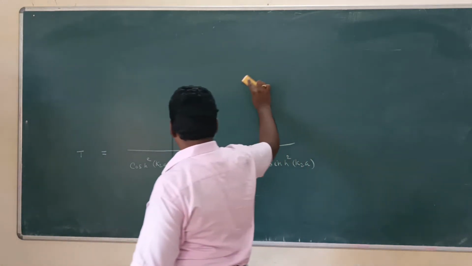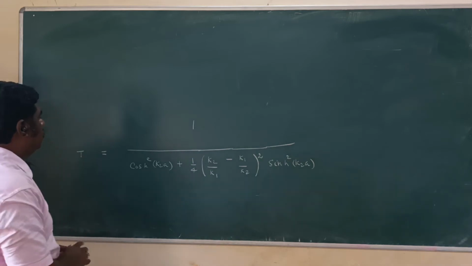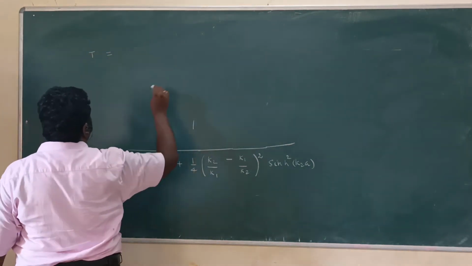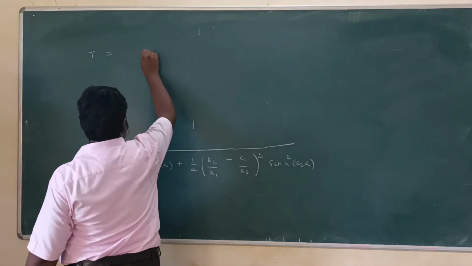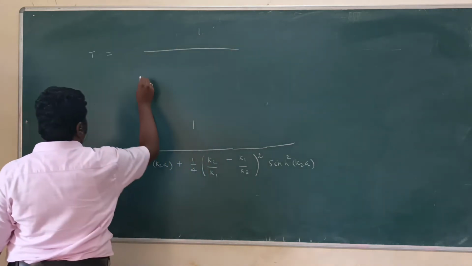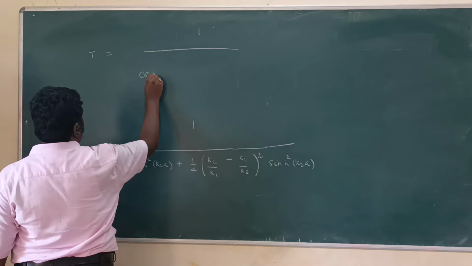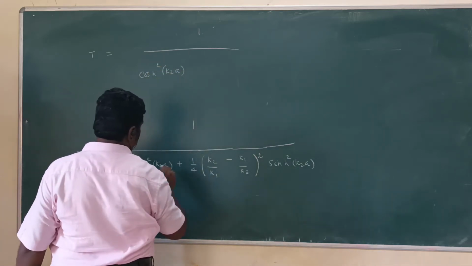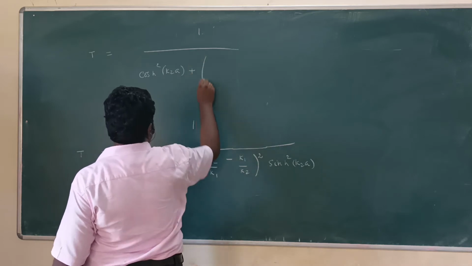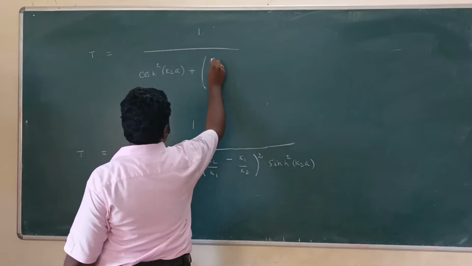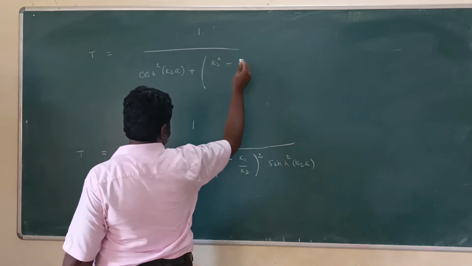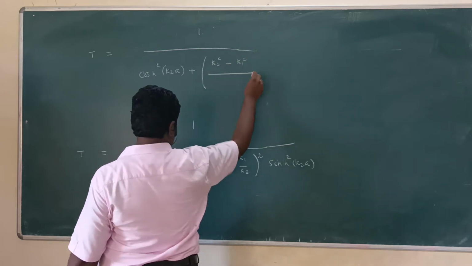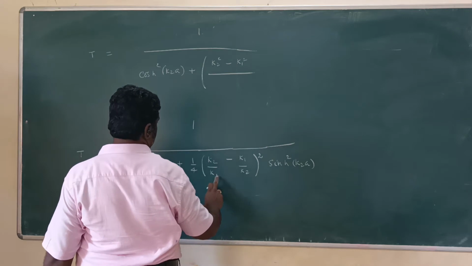For that, this is written as T equal to 1 divided by cosh square of k2a plus (k2 square minus k1 square) whole divided by k1 k2.